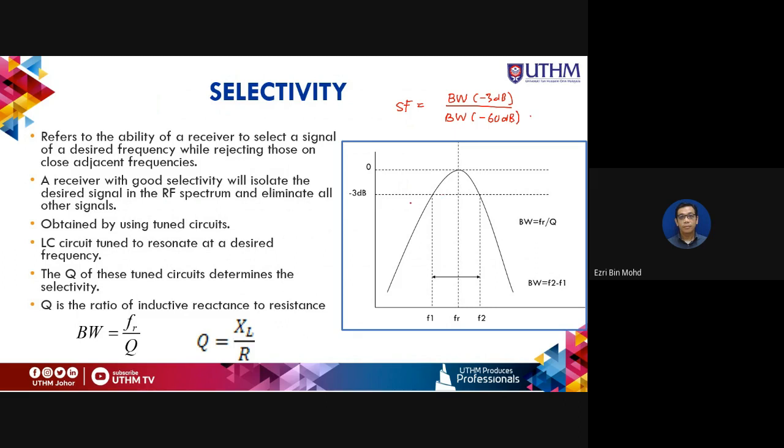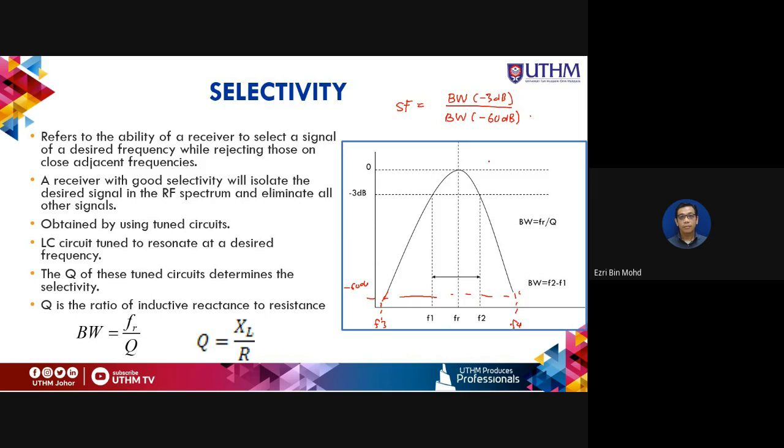So here at minus 3 dB, the bandwidth is from F1 to F2. And then, let's say for example, at minus 60 dB the bandwidth ranges from F3 to F4.